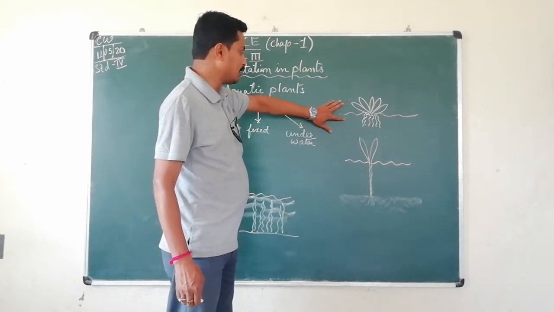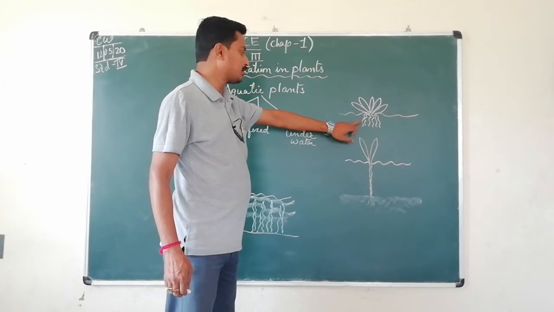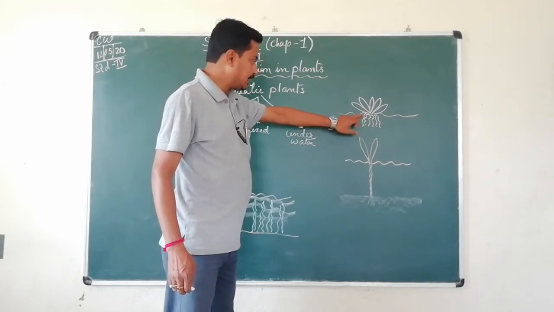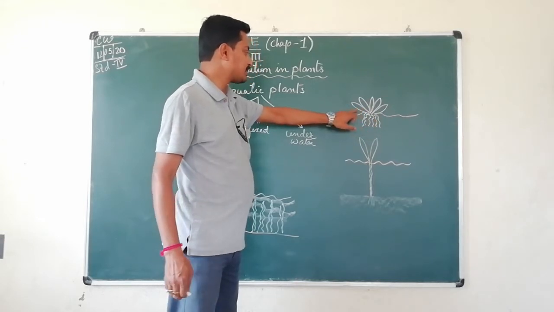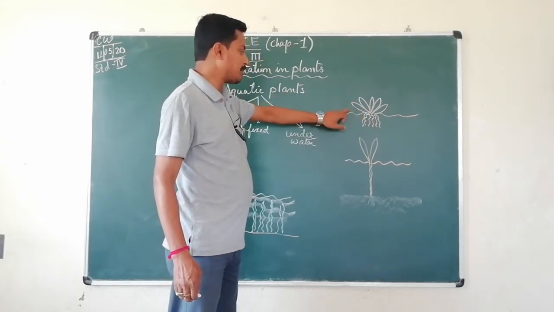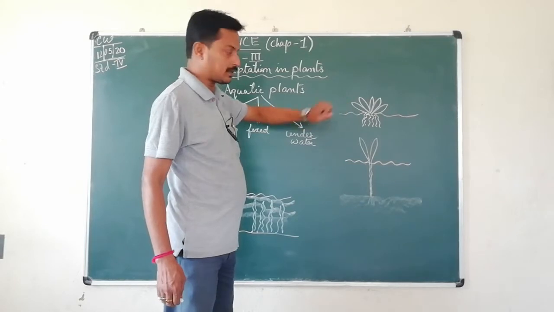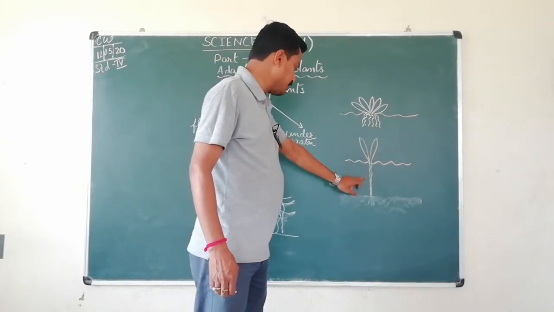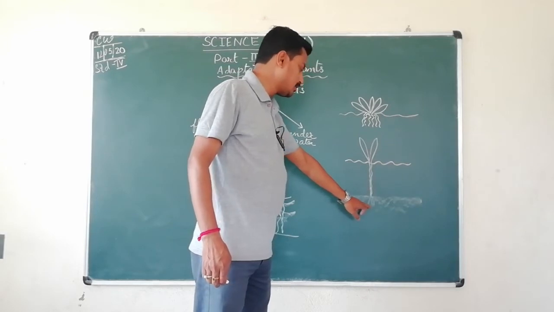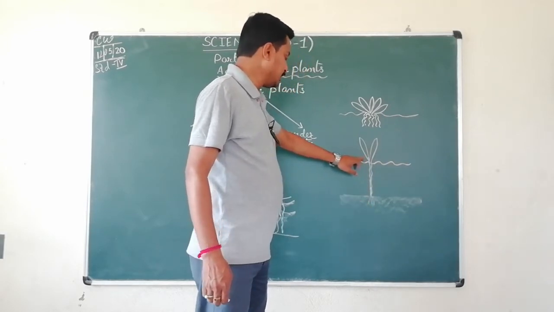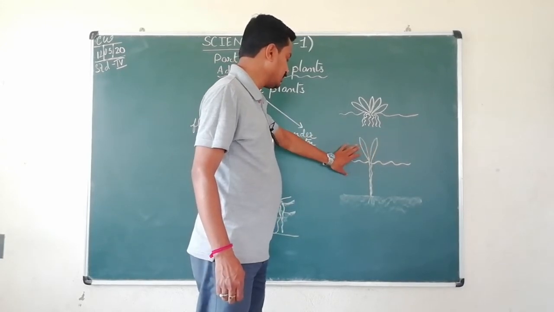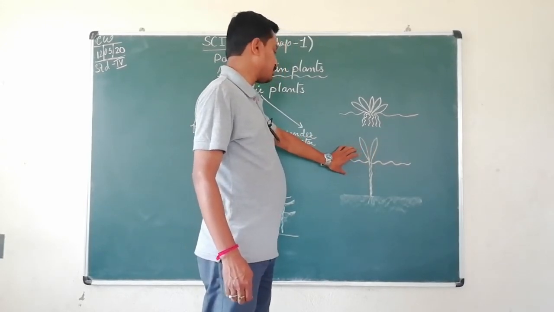This plant has got the root, but the root is not fixed under the bed of the river. It is a fibrous root and the leaves are above the water. These types of plants are called floating plants. Now these types of plants where the stem and the root are fixed under the bed and the leaves are up above the water are called fixed water plants.